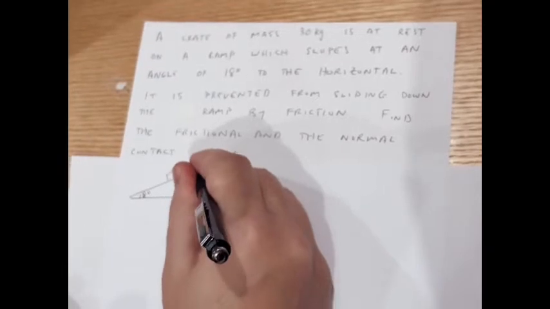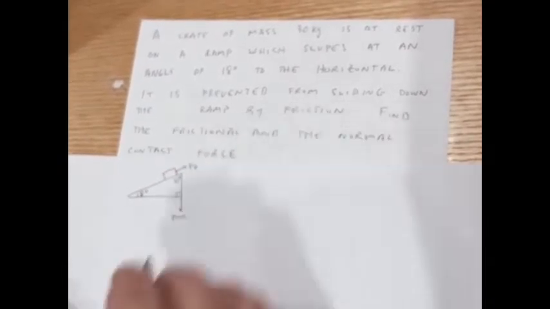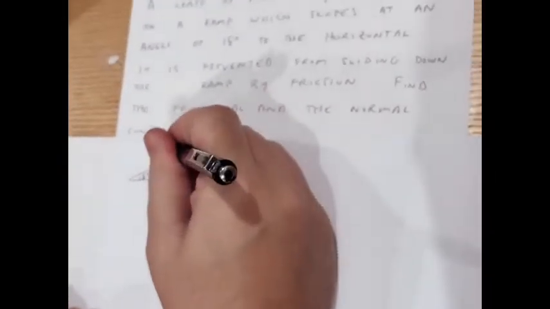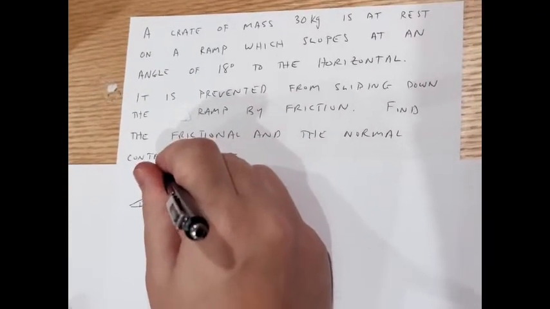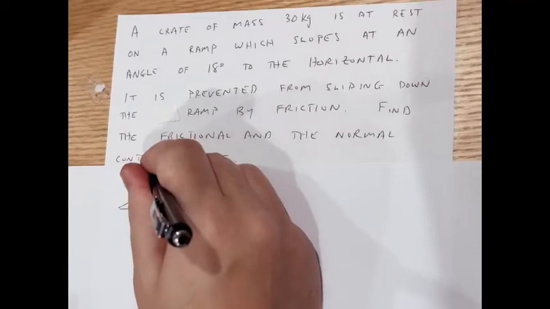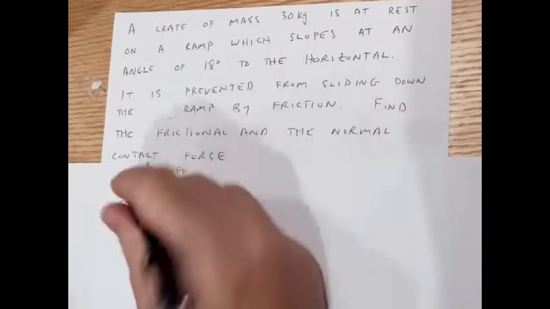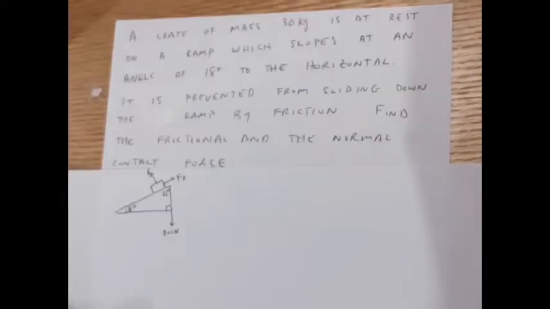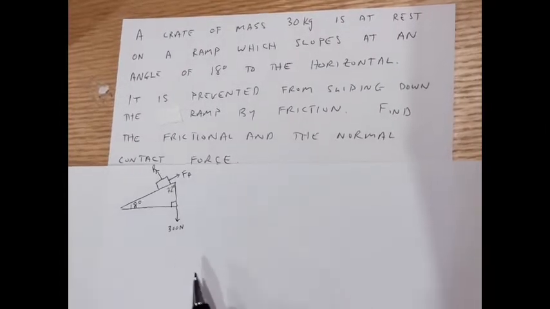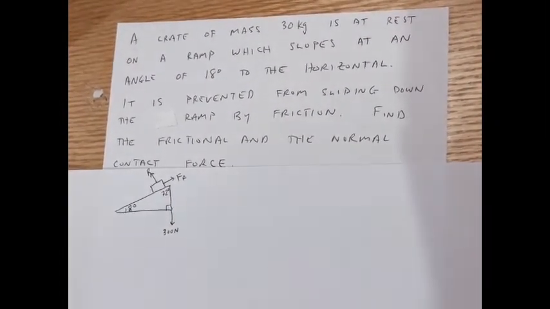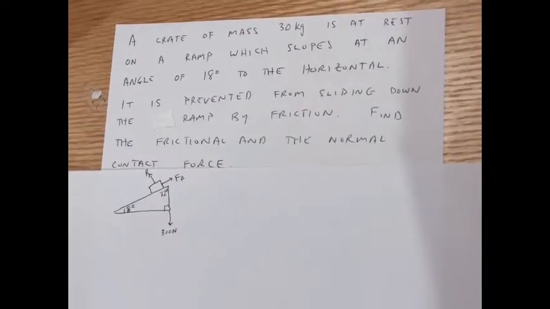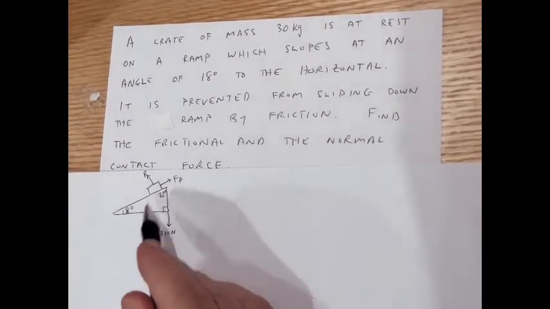So we've got frictional force. We've got another force that we left out, and that's normal force. And normal force is always going to be R. Anyway, it's going to go in the same angle as where this ramp is. So it's going to go that direction. It's not going to go straight up because it's on a ramp.